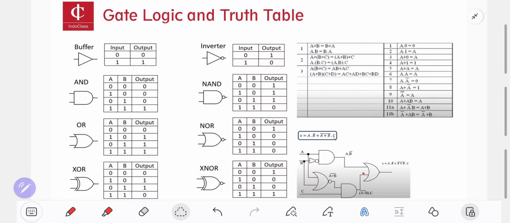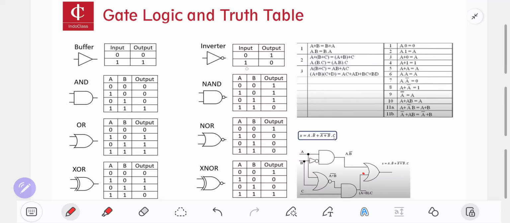If you understand the basic logic AND, OR, buffer, the last basic gate logic is inverter. Inverter is the opposite of the input. For example, if input is 0, the result is 1.